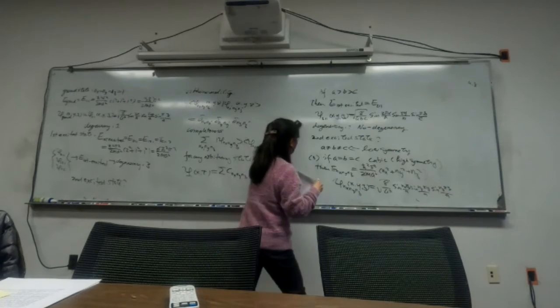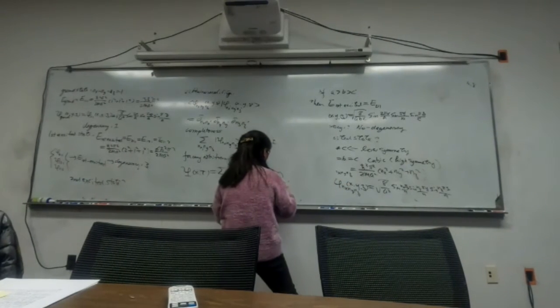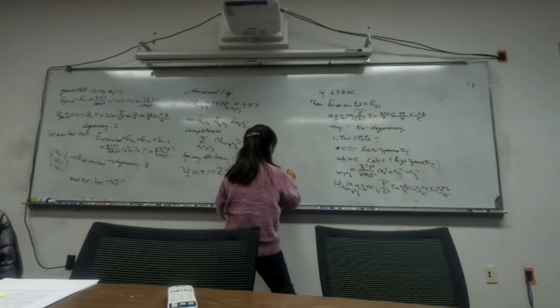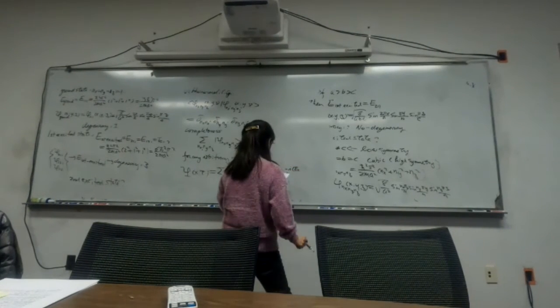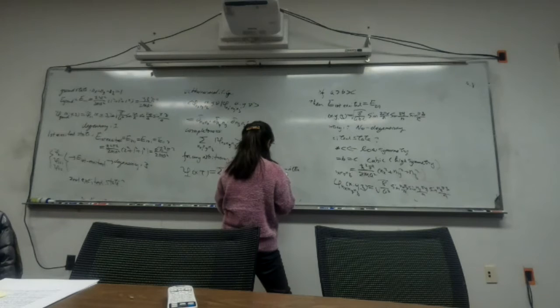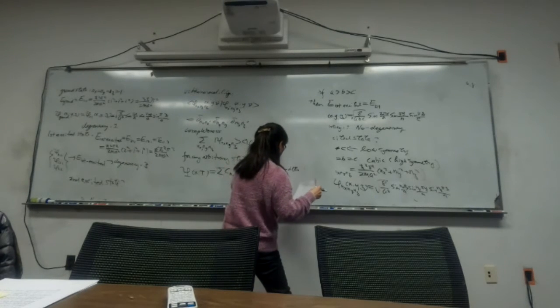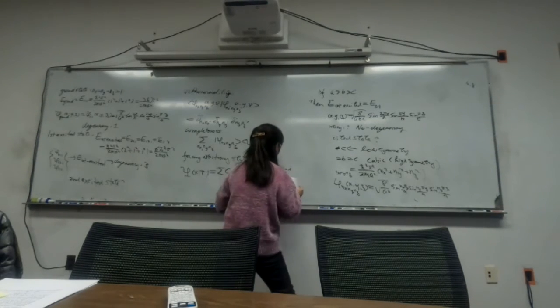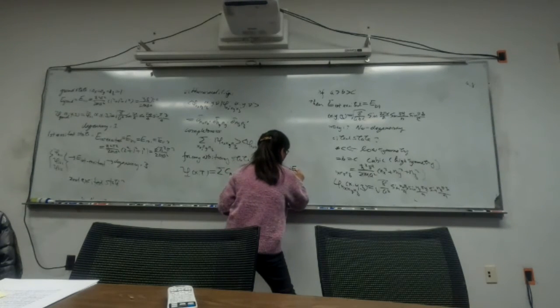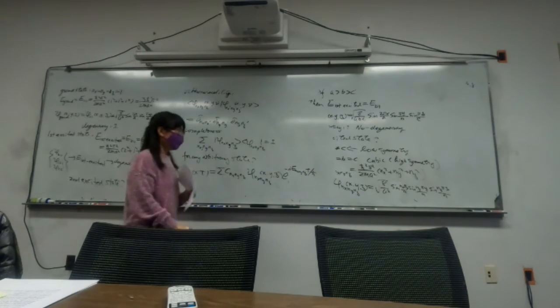It's the spatial part, and the time-dependent part is the exponential of minus i E t over h bar, where E is E nx plus E ny plus E nz.